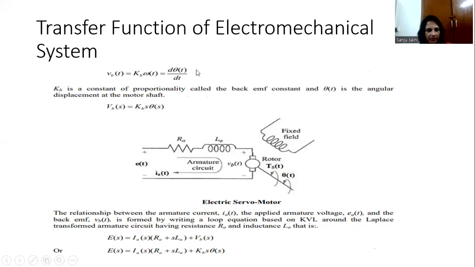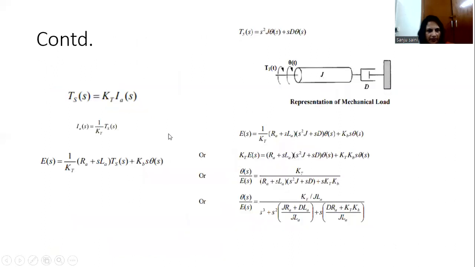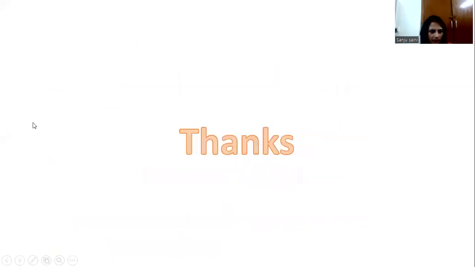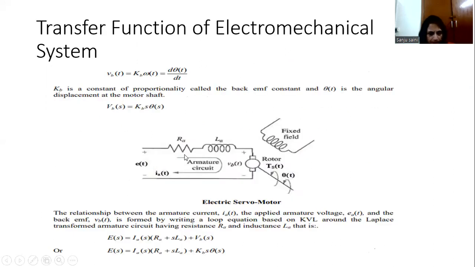For this, the back EMF is represented by Kb into d theta by dt, that is Kb into omega(t). We take the Laplace transform of this, so Vb(s) is equal to Kb into s into theta(s). This is the equation for the back EMF.